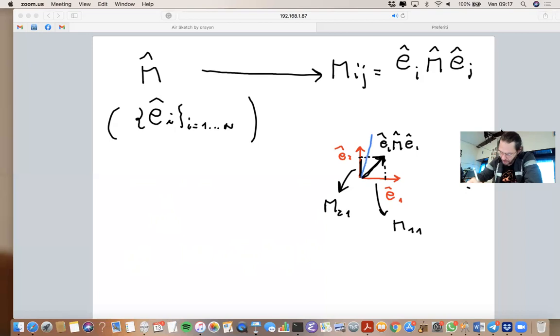Let's say E2 goes into this new vector. And then I take the components with respect to E2. This is M22. And the components with respect to E1. And that's M12. So that's how you build a matrix out of a linear operator.